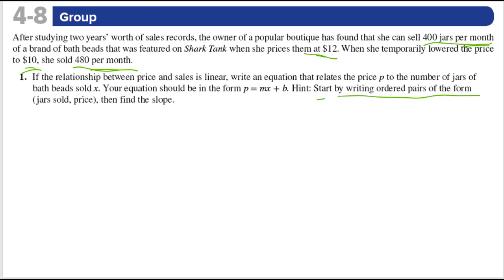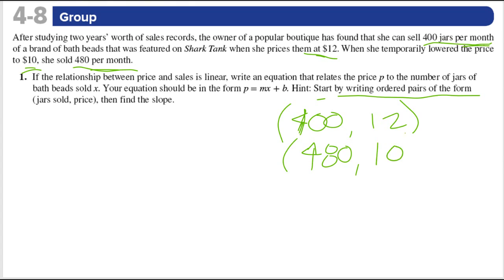Okay. So if X is the jars sold, we put the X first. So 400, comma, $12, and 480, comma, $10.